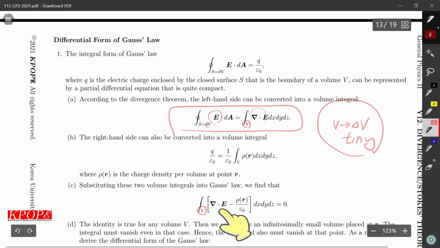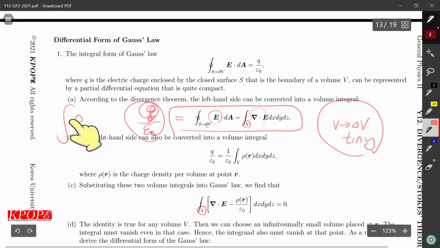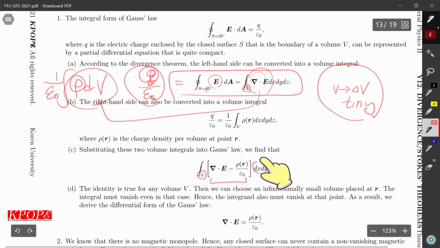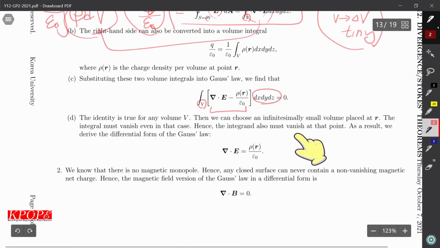Subtract: divergence E, this one is Q over epsilon 0, and Q is the volume integral of the charge density. So 1 over epsilon 0 here. Subtract these two integrands and take the volume integral.